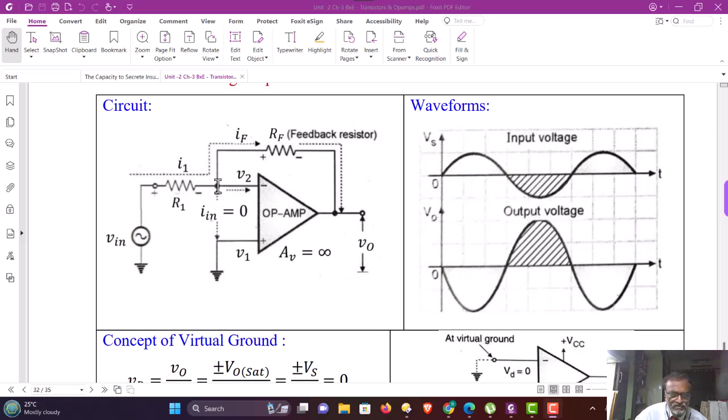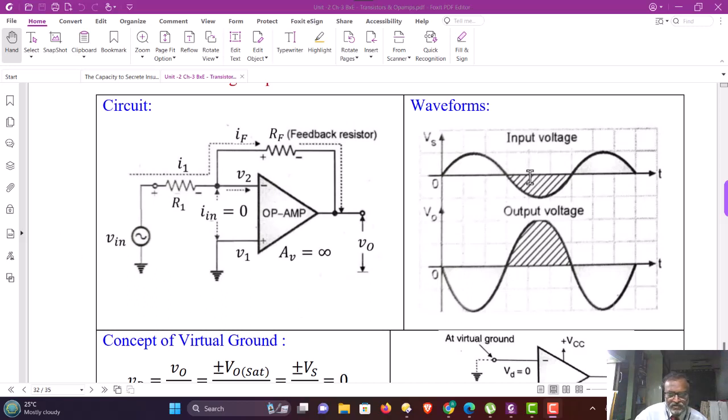Now when the input voltage Vin is applied, let us see the operation for the complete cycle. During the positive half cycle, since it is an inverting amplifier, when the input is increasing in the positive half cycle, the output is decreasing in the negative direction.